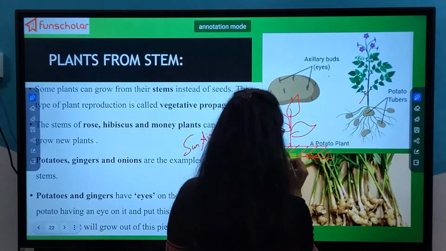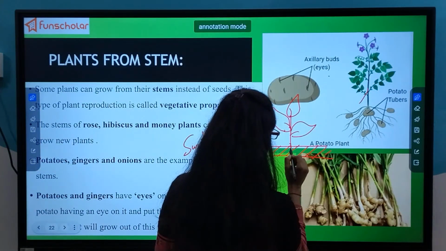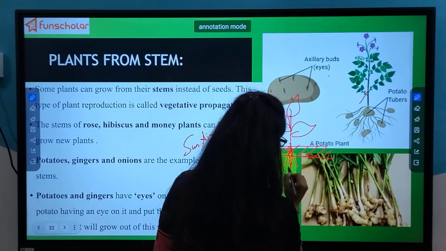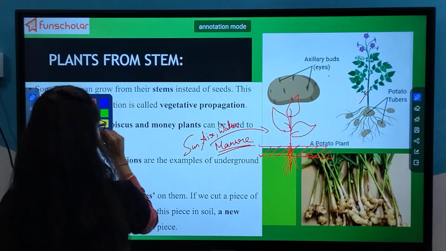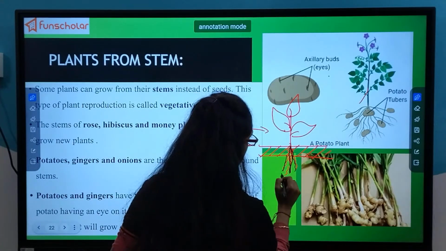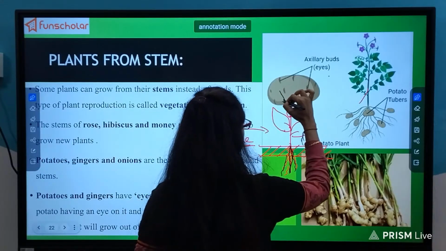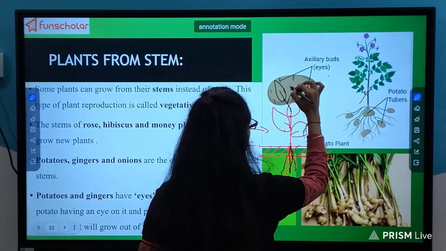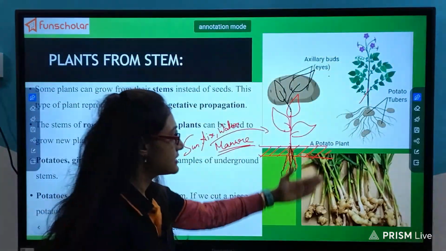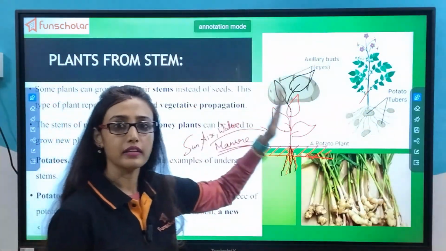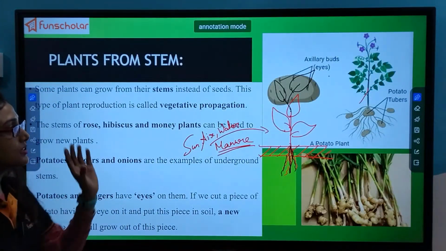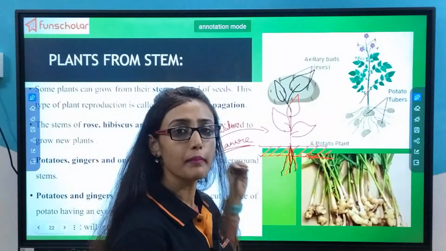After some days, you will see that roots are appearing in the plant. This is the root. And the plant is forming new leaves with the developing days. This is how from stem a new plant is being formed. The best example is rose, hibiscus, money plant.